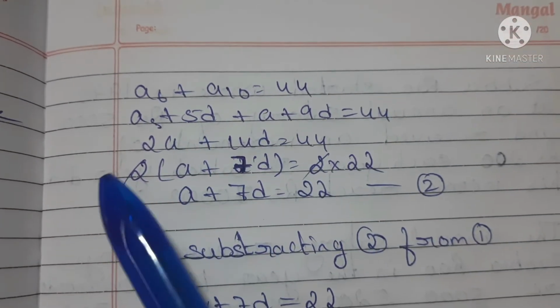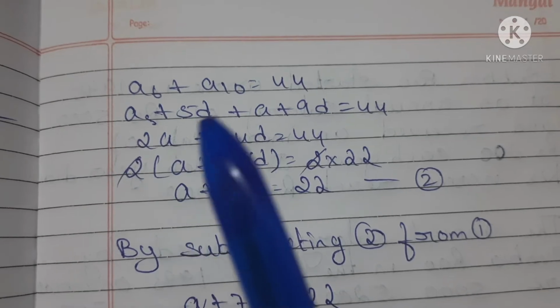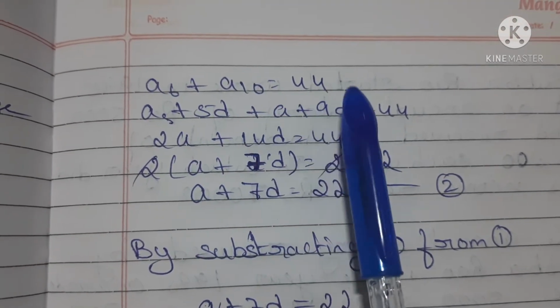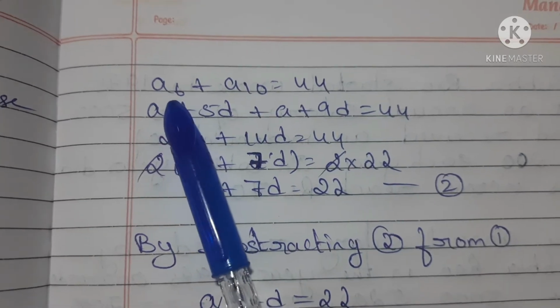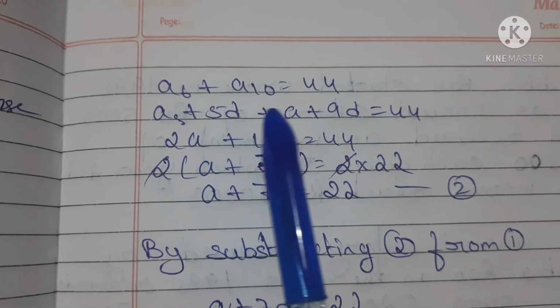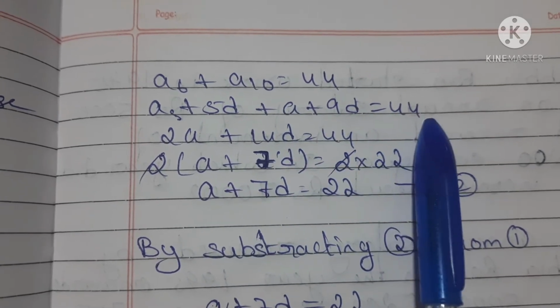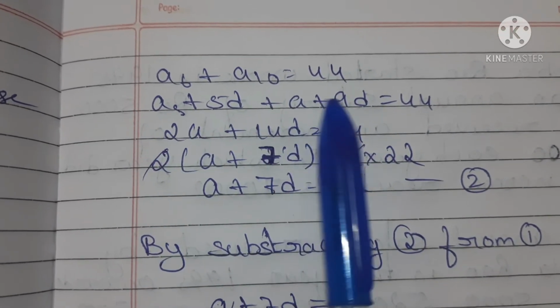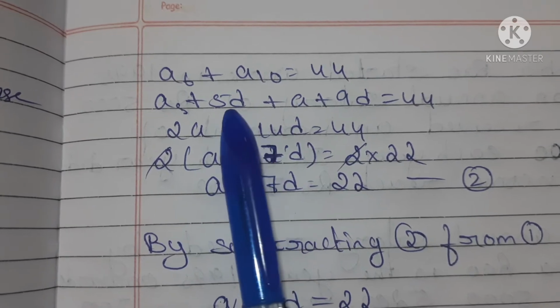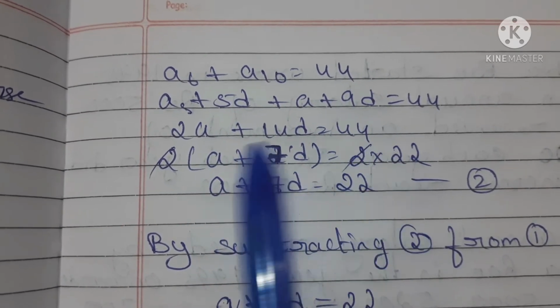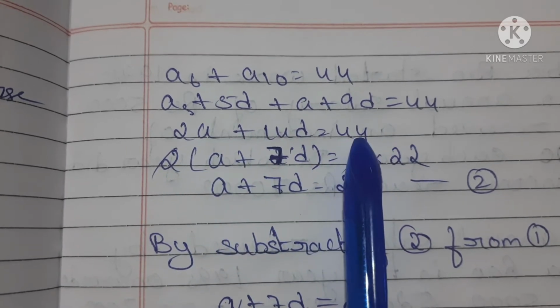Same in the question, the sum of the sixth term and 10th term is 44. That means a6 plus a10 is equal to 44. a6 is a plus 5d plus a10 is a plus 9d is equal to 44. Again here a plus a is 2a, plus 5d plus 9d is 14d, is equal to 44. In this also 2 is common.